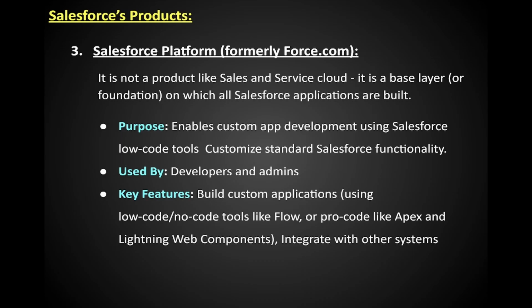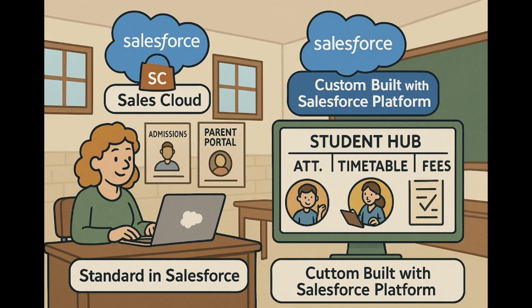Let's take a real-time example for this one as well. Let's assume Salesforce is a mall, Sales Cloud is a shop for salespeople, and Service Cloud is a shop for customer support. And the Salesforce platform is like the concrete walls and tools used to build new shops or customize existing ones.